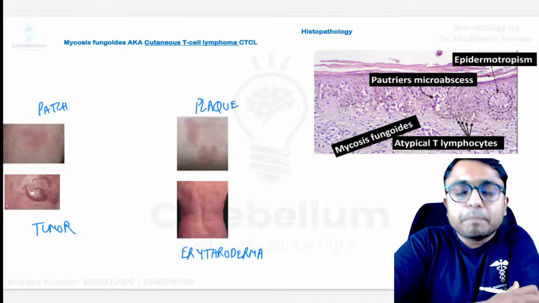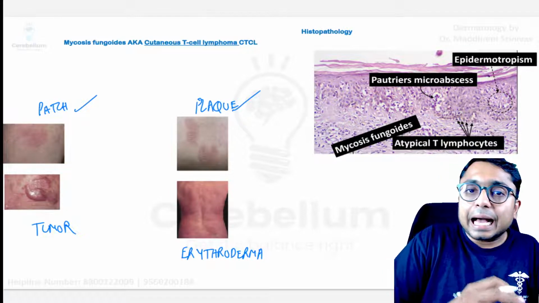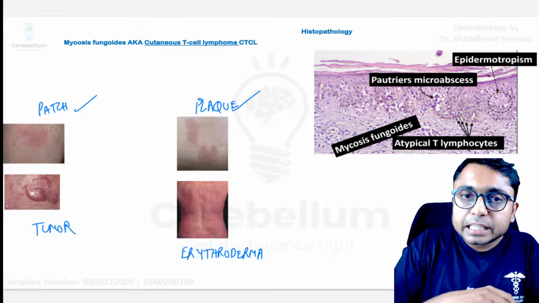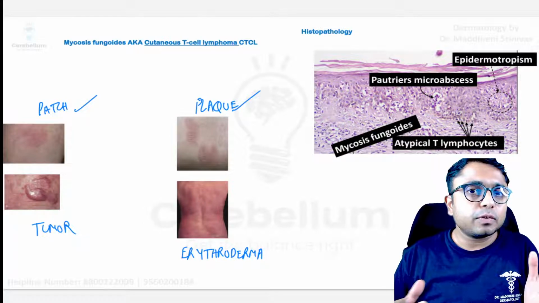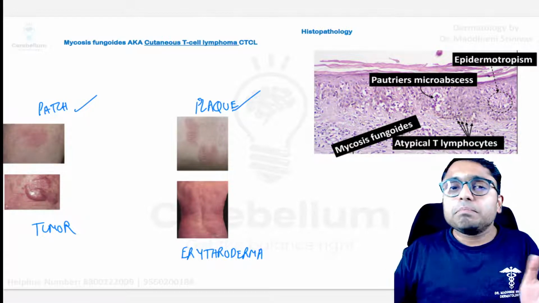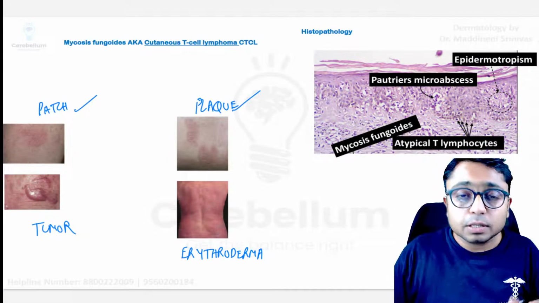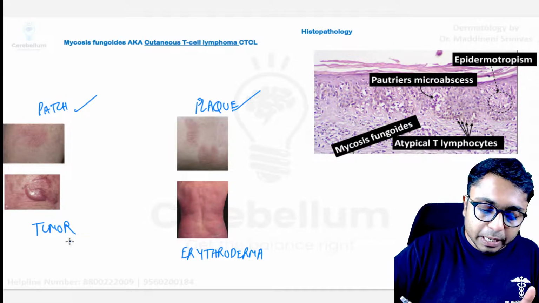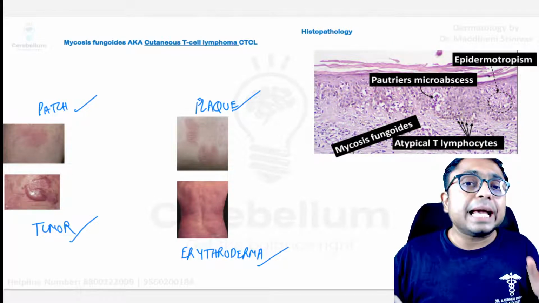In the patch and plaque stages, the patients might present with dermatitis changes over the body, which may be confused for years together as simple eczema or dermatitis and treated with only topical steroids. But one fine day, the patient may land up in the tumor stage or even worse, erythroderma.